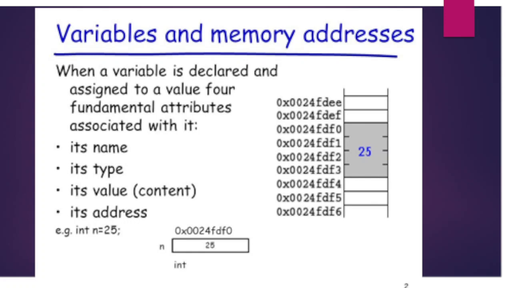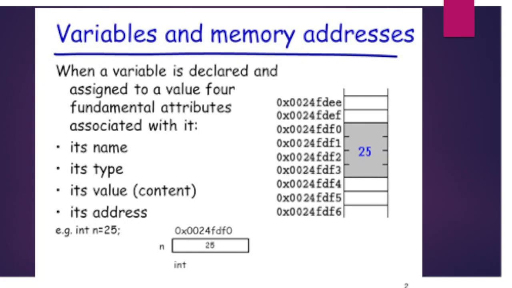If we think of this as memory, then this is the value of variable n equal to 25, and the addresses are in hexadecimal form. We know that an integer variable requires 4 bytes of memory: byte 0, byte 1, byte 2, and byte 3.